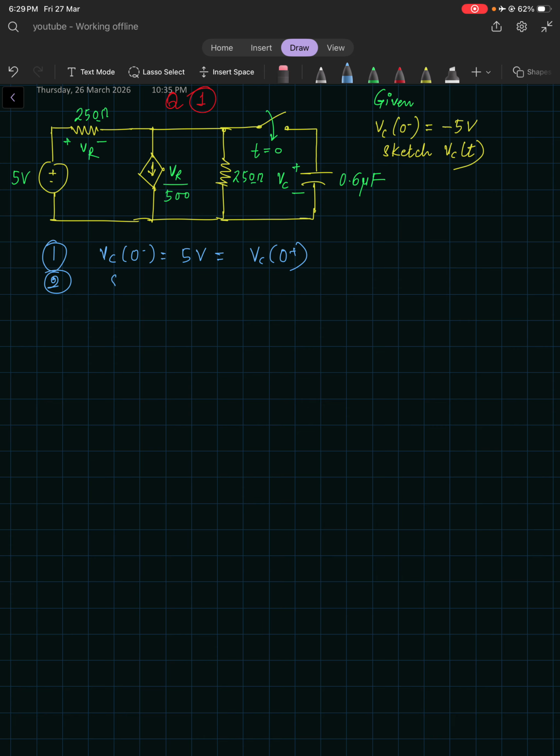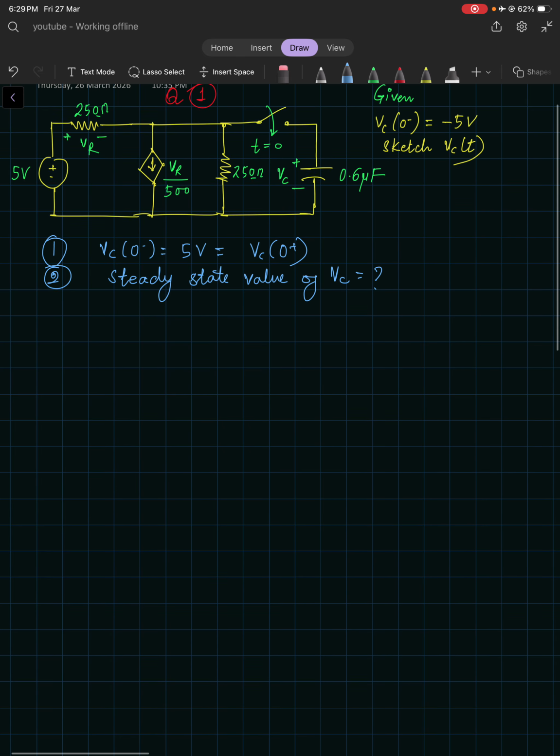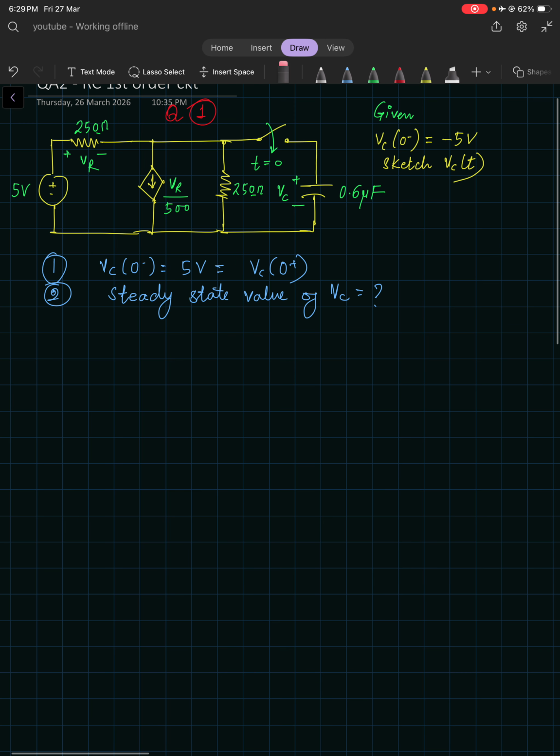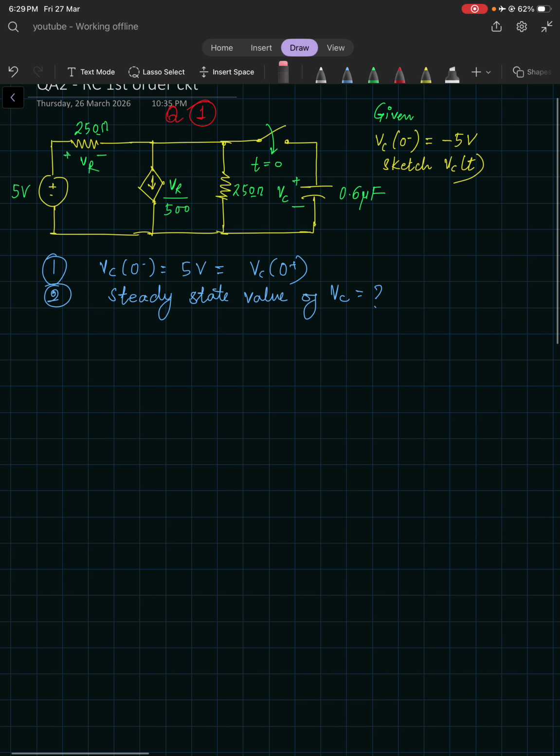The steady state value of VC we need to find. So in the steady state, what will happen? The capacitor will be charged and no current will flow through that capacitor, and it will act as an open circuit. Let's draw the circuit in the steady state.